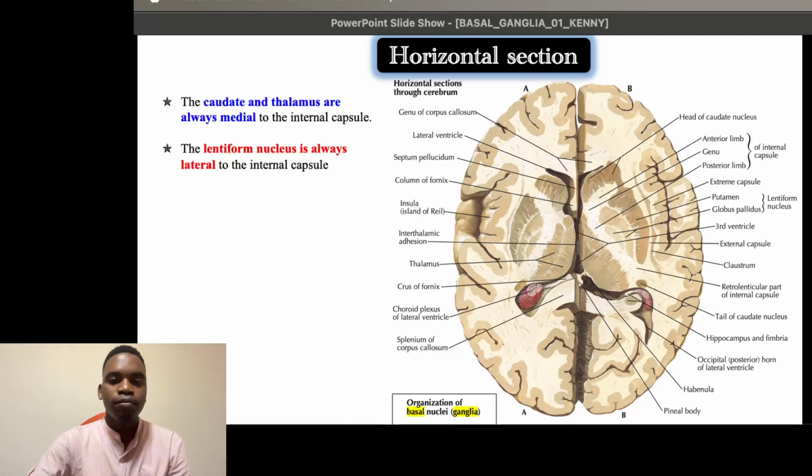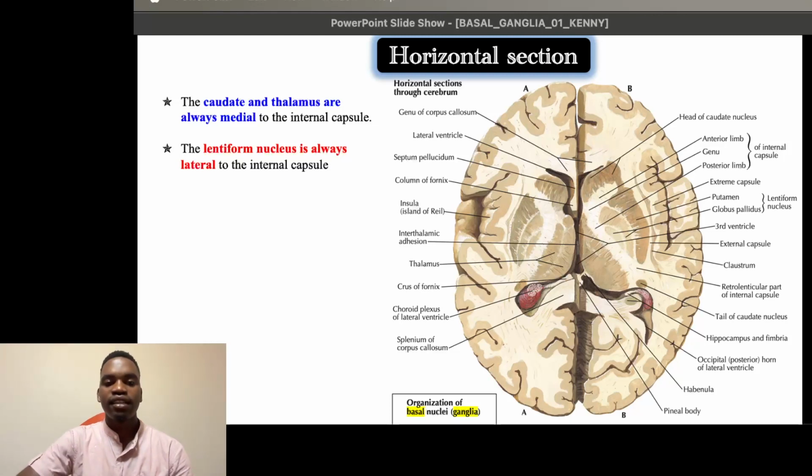So they are both horizontal sections, but through different levels of the brain. What I want you to understand is that this is the fibers of the internal capsule, and this is the caudate nucleus. Remember, I told you the caudate nucleus is called so because it has a tail, which we haven't seen yet, but you will see it shortly.